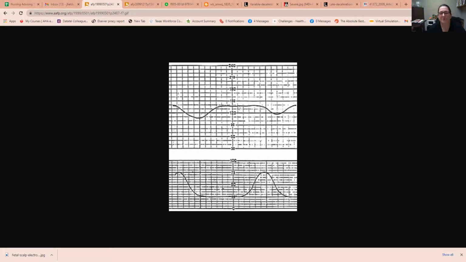This is another example of absent variability, late decels. Now, these decels are deeper. You would think, if we're talking about late decels, that deeper lates are more concerning. But in reality, if the lates are shallower, it means that fetus has nothing left to give. They cannot even adjust.